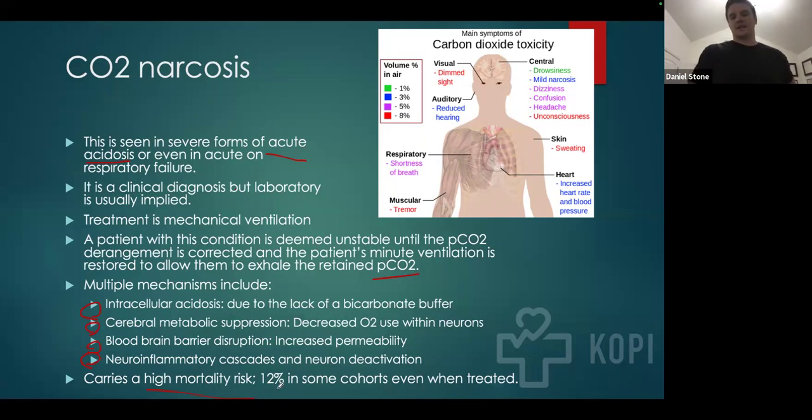Even in a study performed in Europe, 12% of patients who develop hypercapnic respiratory failure who get admitted to ICU level settings still end up passing. So mortality is really high. If you don't have the opportunity to treat, I wouldn't necessarily go as far as to say mortality is 100%, but this is an extremely morbid condition.